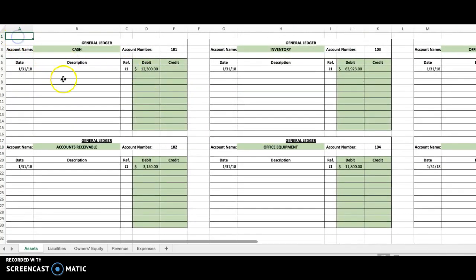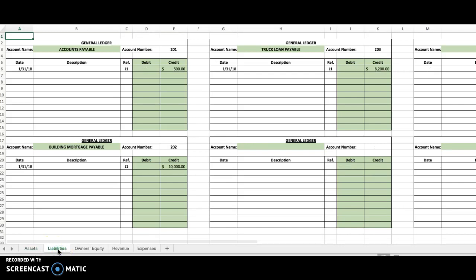Okay? Now, one other point here as we go through, at the bottom you see tabs. This is tab for assets, and if you are familiar with the Excel program, you know how this works. If I click on the next one, this says liabilities. Now take a look at the account pages shown on this screen. This now is in the general ledger again, but this is accounts payable.